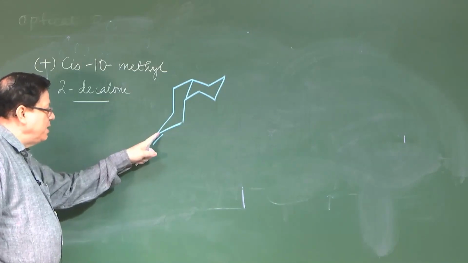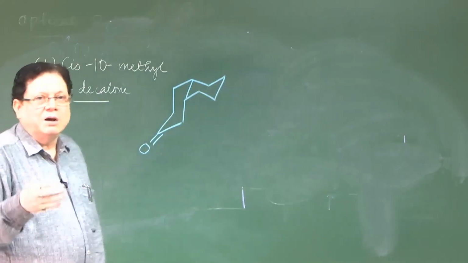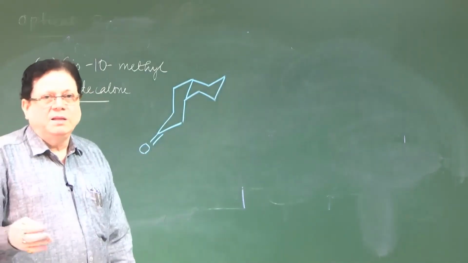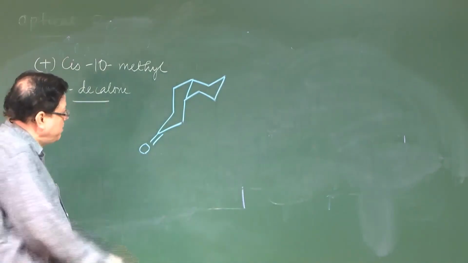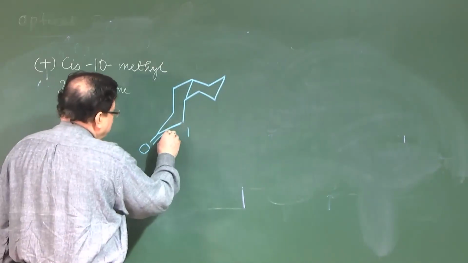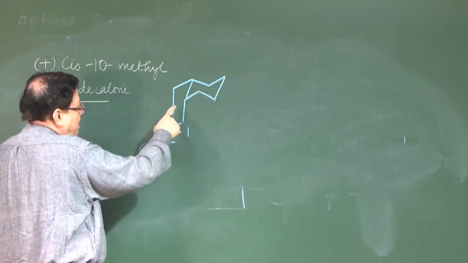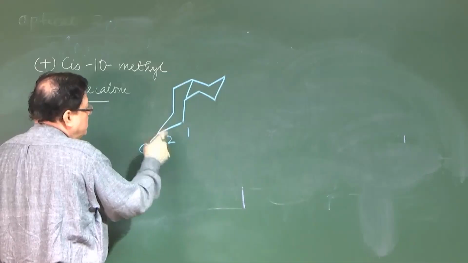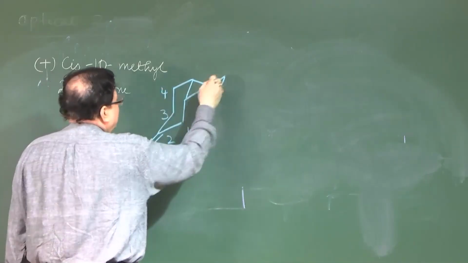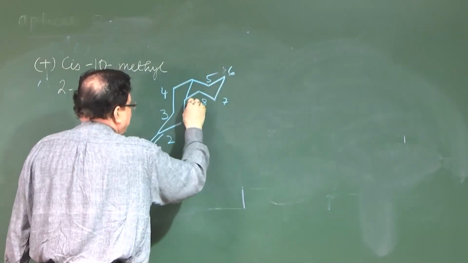That means it is occupying the head of a chair, and the way the carbonyl is present in the octant rule, that is exactly the situation here. So, I put the carbonyl here deliberately. Okay. So, that means this will be 1, that will be 2, because it is a 2-decalone system. You cannot have 1 here, because that will make it 3. So, 1, 2, 3, 4, and then 5, 6, 7, 8, 9, 10.